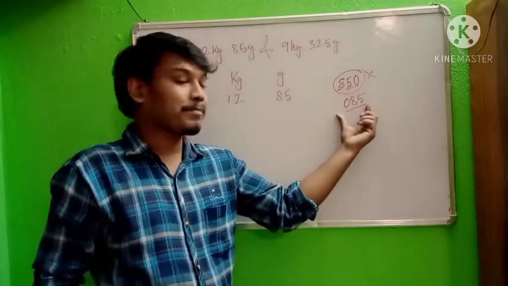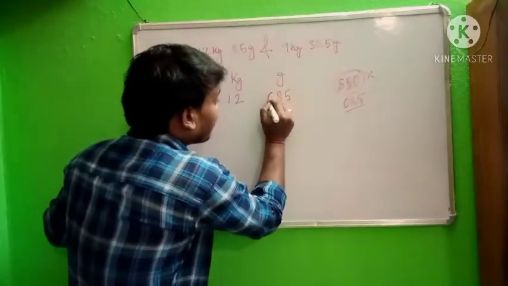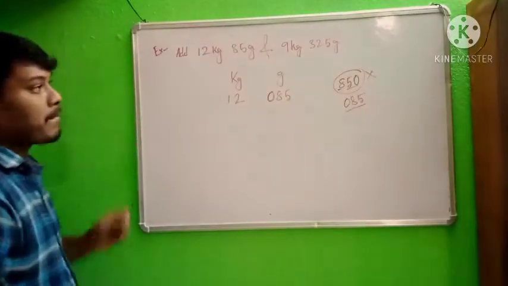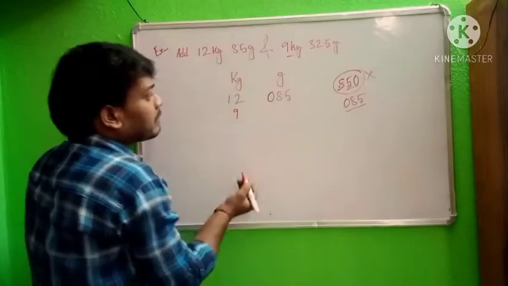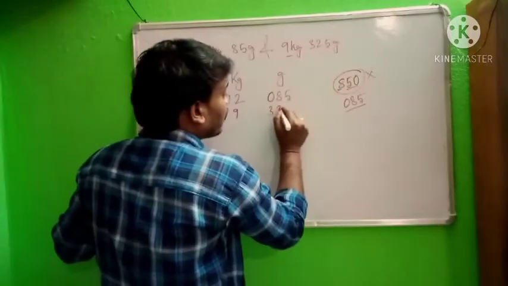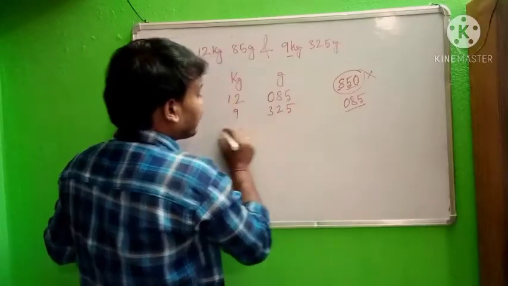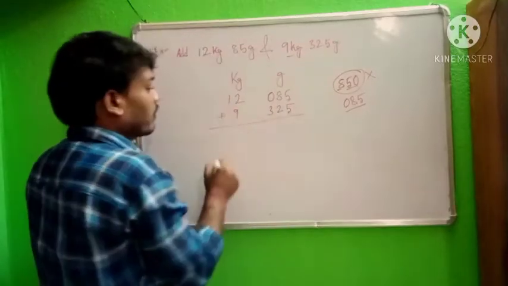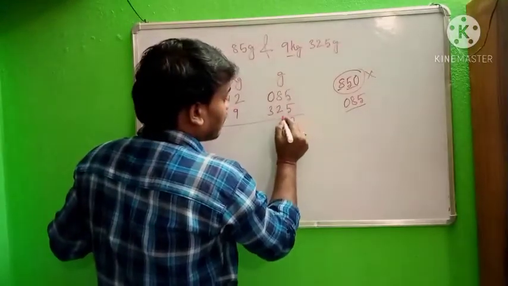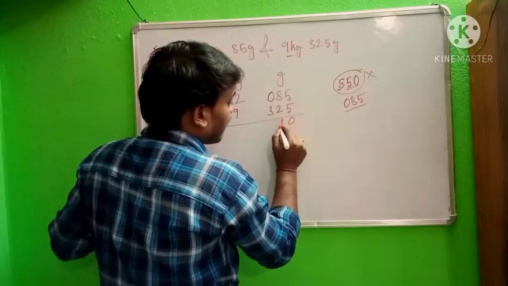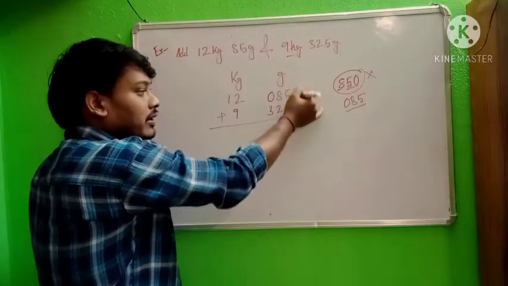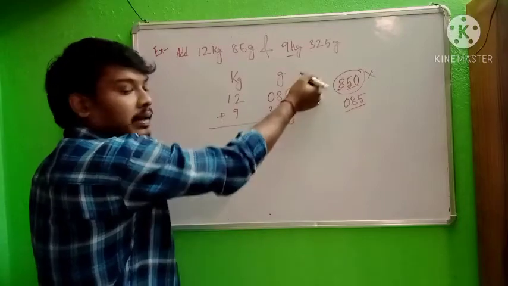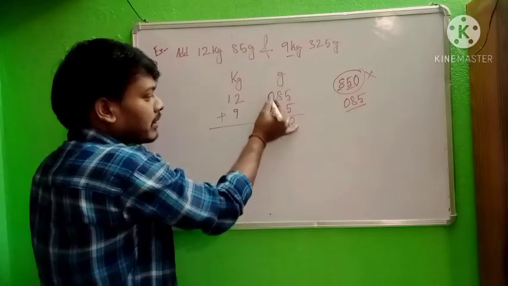Okay, so here put 12 kg 085 gram and the second value 9 kg 325 gram. So 5 plus 5, 10, put 0, carry 1. 8 plus 2 is 10, plus 1, 11, put 1, carry 1. 0 plus 3 plus 1, 4.